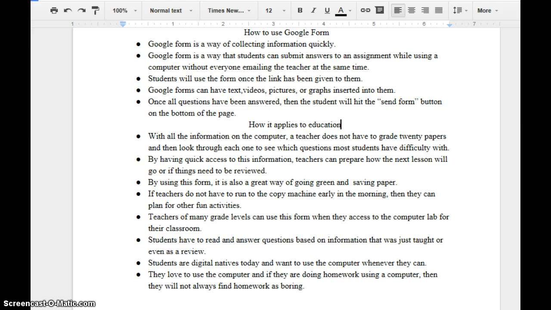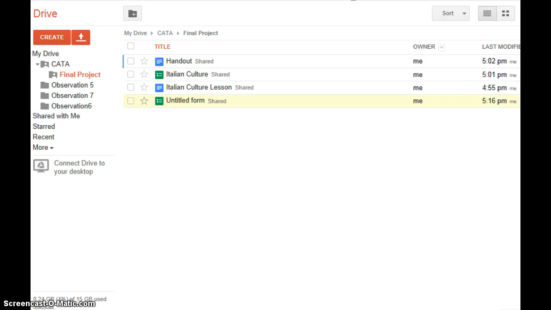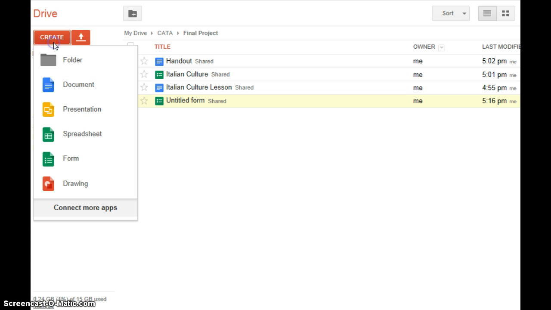In order to create a Google form, the teacher will have a Gmail account. Once they go into the Drive section, they will be able to click on Create, where they will go down to where it says Form.